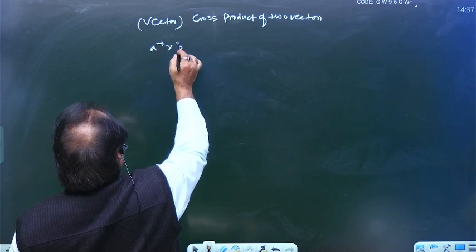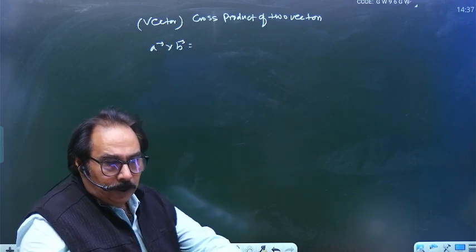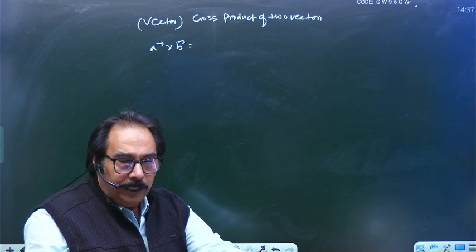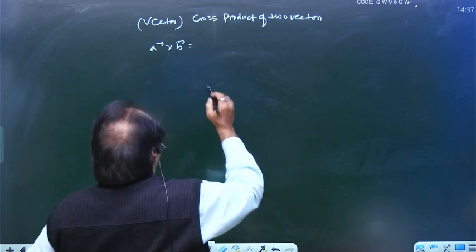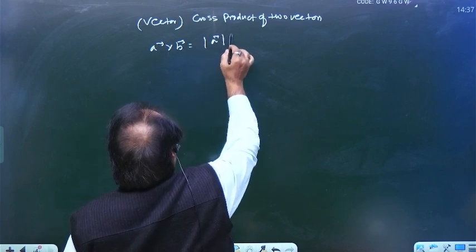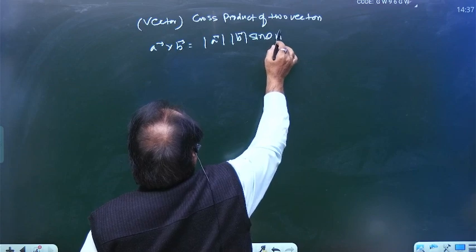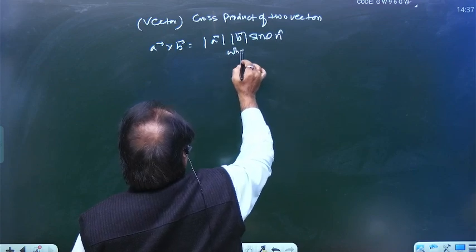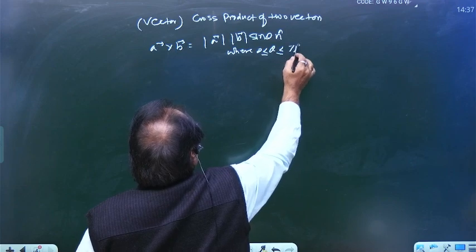It is denoted by A cross B, and A cross B is equal to magnitude of A into magnitude of B sine theta n cap, where theta lies between 0 and pi, as per the definition.